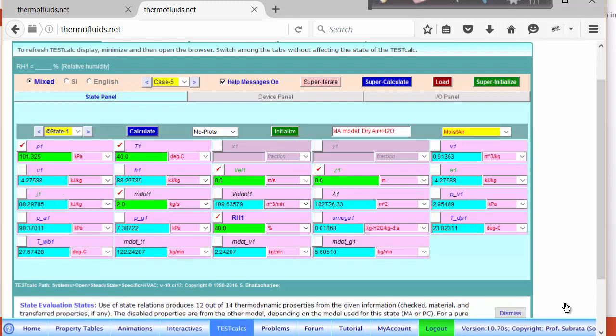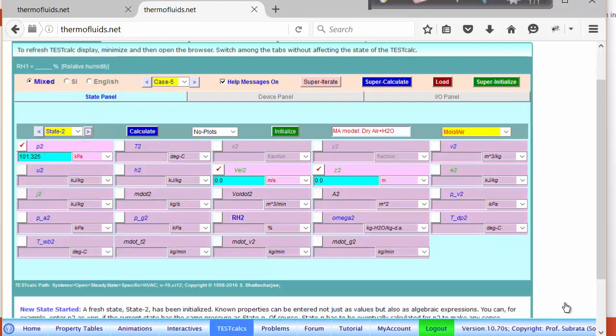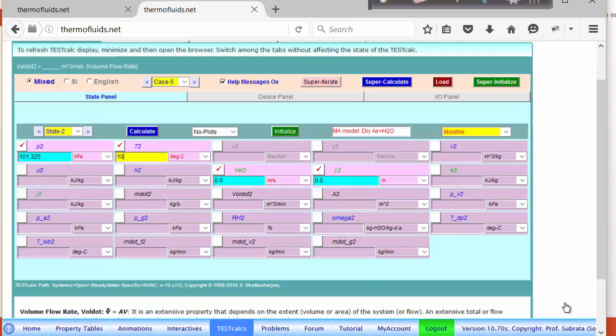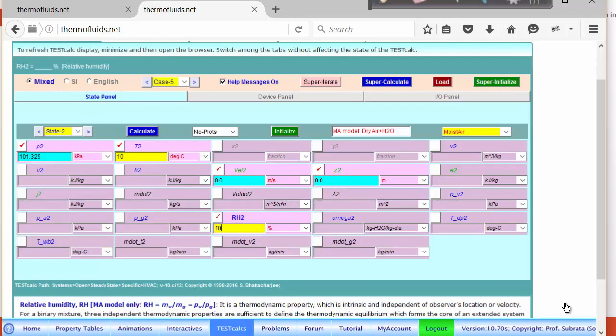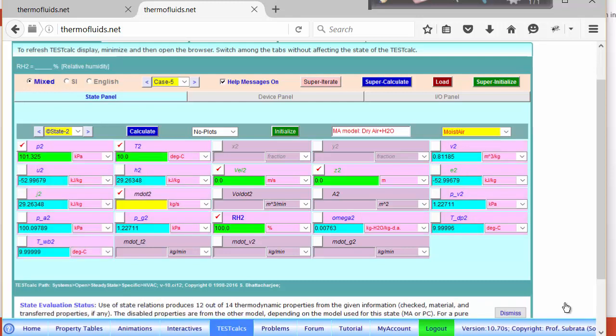Let's go find state 2. What we know about state 2? Temperature is 10 degrees Celsius, and relative humidity we deduced must be 100%, and of course the mass flow rate of dry air doesn't change, m.1.